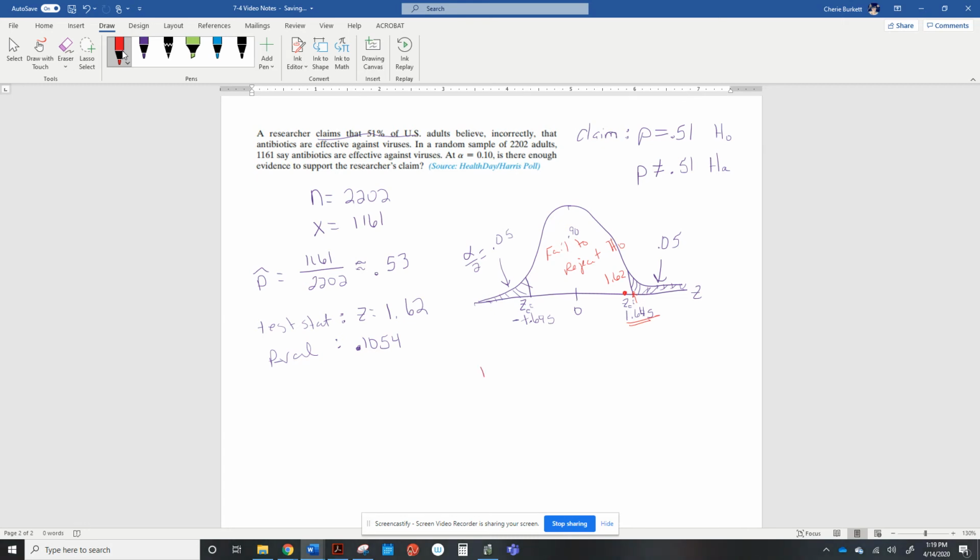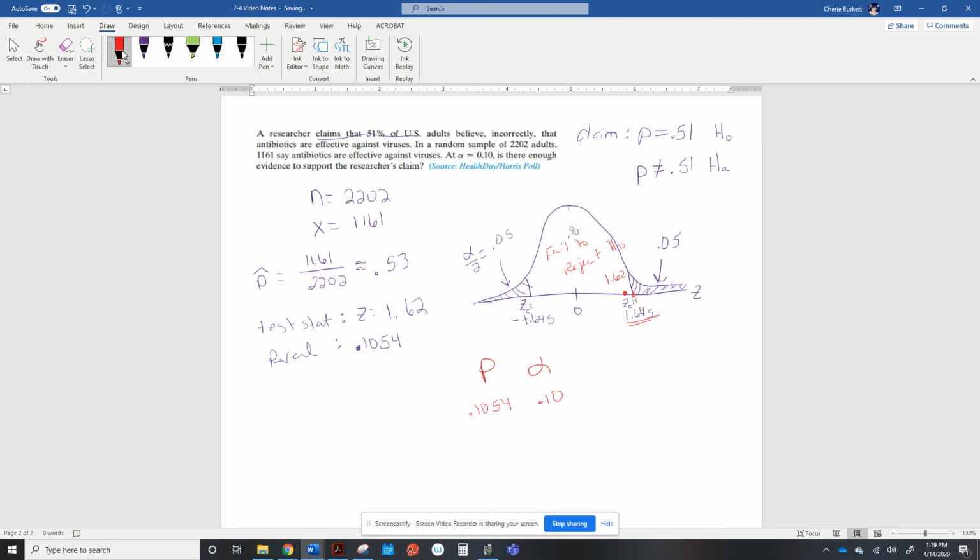Now, the other thing that we could do is compare our p-value to alpha. Our p-value is 0.1054. Our alpha was 0.10. If we were just comparing those first two numbers, they would be the same, but this has some numbers afterwards, or you could say this 5 would round that up to 11.